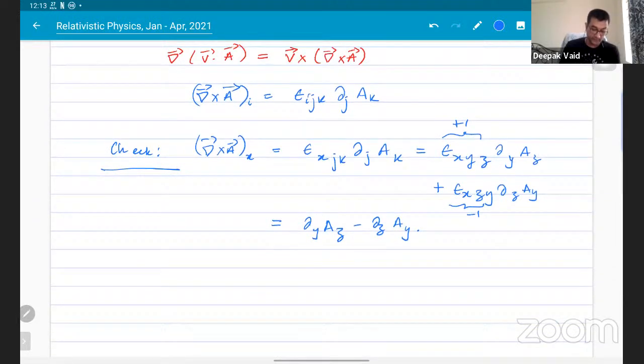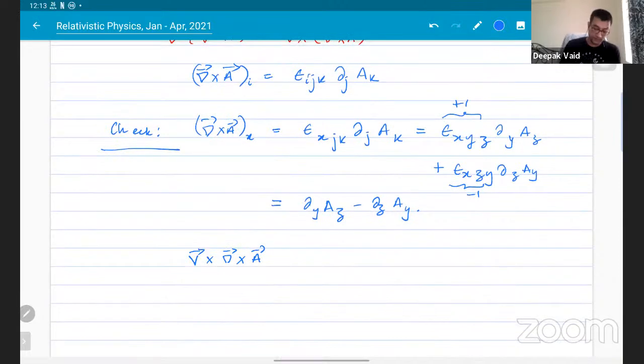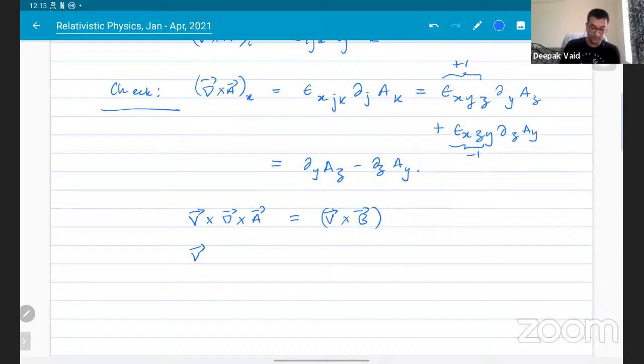So now we have this expression v cross del cross A, right? So let me write this as v cross B first, okay? Where B is equal to del cross A, right? So (v cross B)_i will be equal to epsilon ijk v_j B_k, right? So this is a derivative.